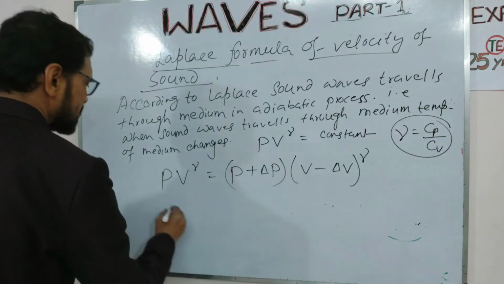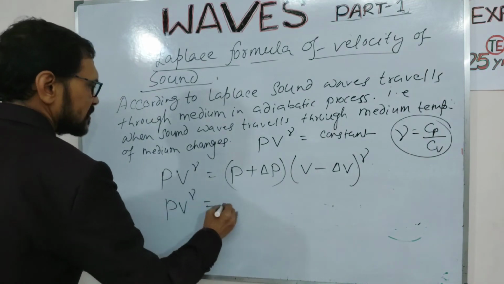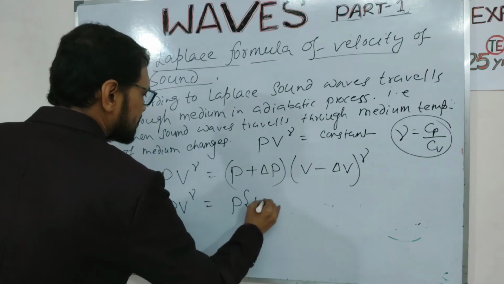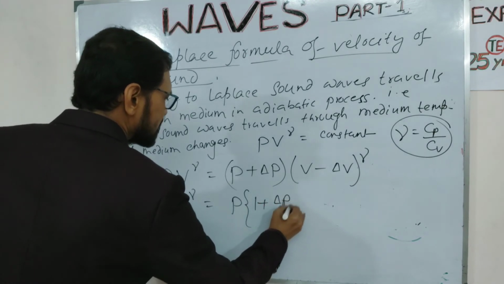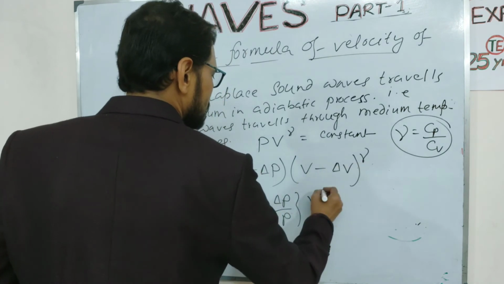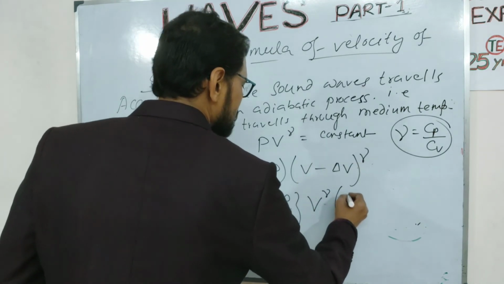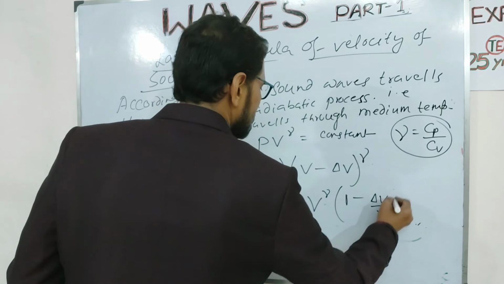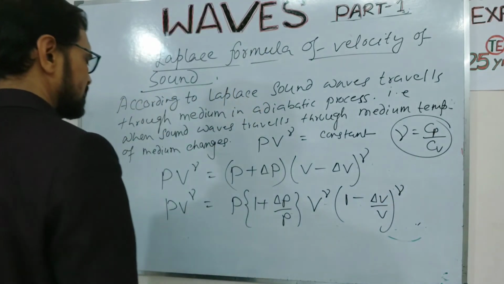If we simplify this, if we take common P, we get del P by P, and if we take common V to the power gamma, then this becomes this.